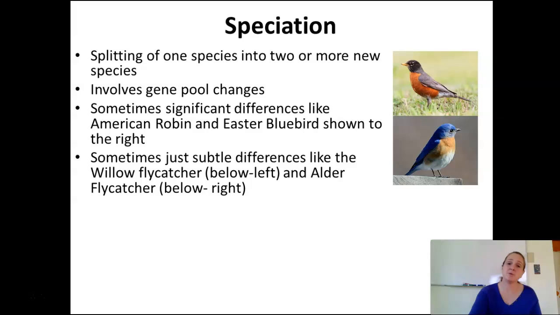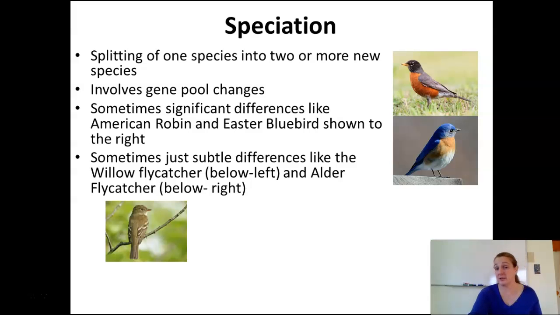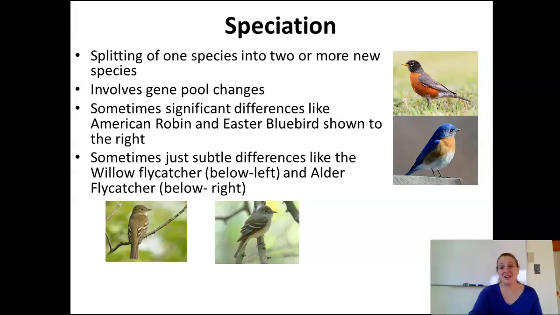But sometimes we get really, really subtle differences, and in the flycatcher family, it is absolutely challenging to try and tell the difference between different species. So we have the willow flycatcher here on the left and the alder flycatcher on the right. And having handled hundreds of these birds, I can tell you that even with a trained eye, it's incredibly challenging to tell the difference.